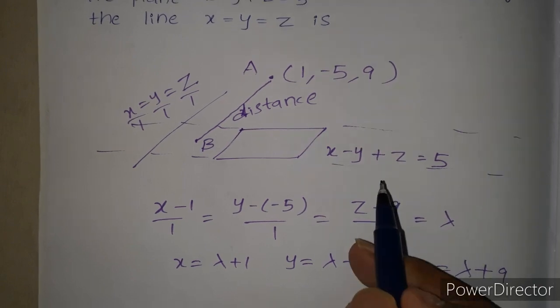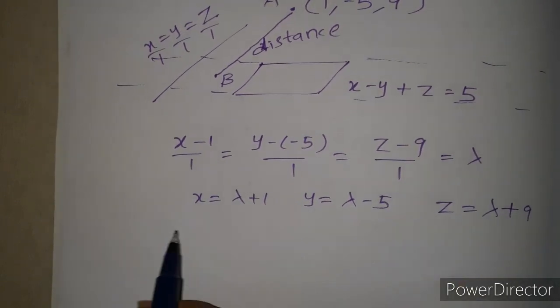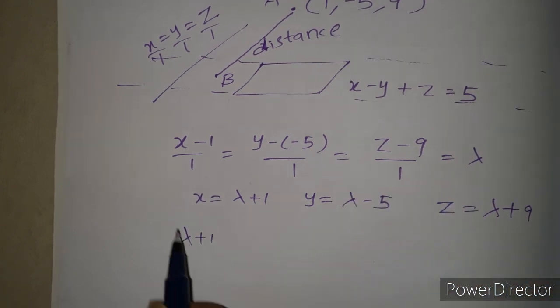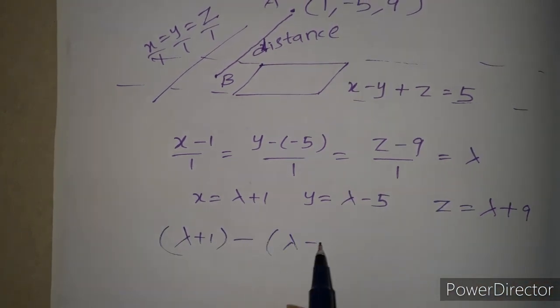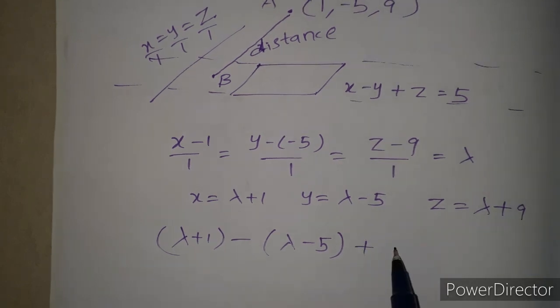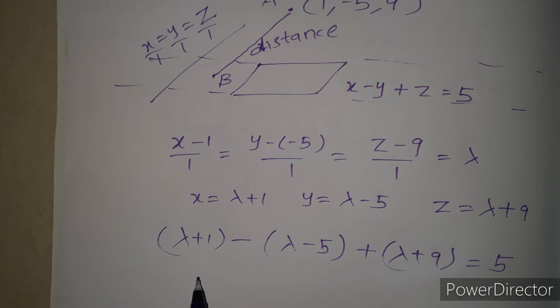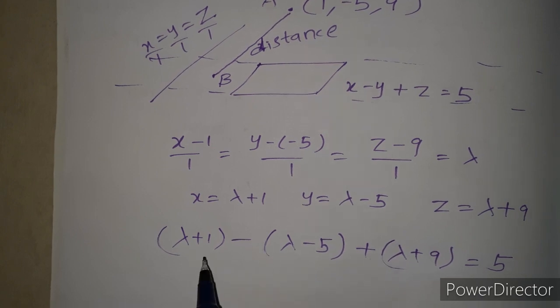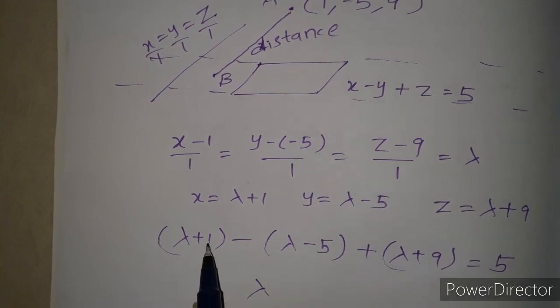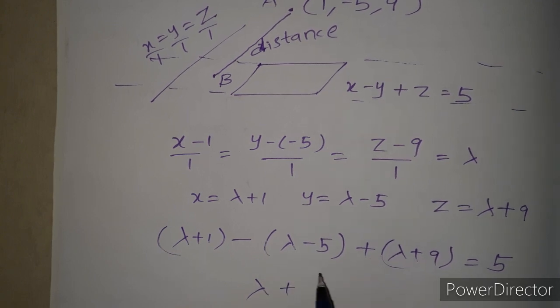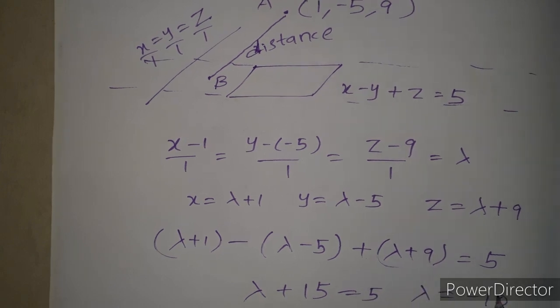So substitute this in the given equation of the plane x - y + z = 5. x is lambda + 1, minus y is lambda - 5, plus z is lambda + 9, equal to 5. Then lambda minus lambda gets cancelled, and this becomes lambda + 1 + 5 + 9, which is lambda + 15 = 5, so lambda will be -10.